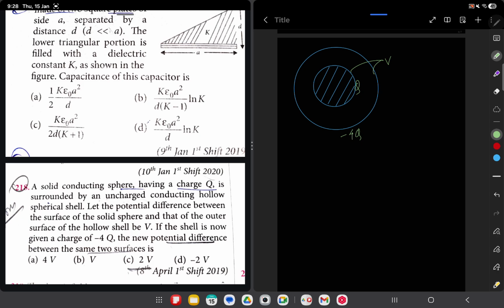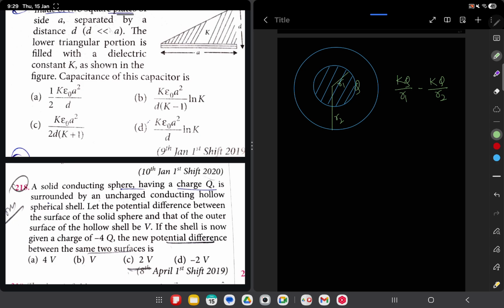So let's assume initially the potential difference between these two. Let's say this has radius r1 and this has radius r2. So at the surface the potential will be kq by r1, and at this surface it will be kq by r2. This was the initial condition.